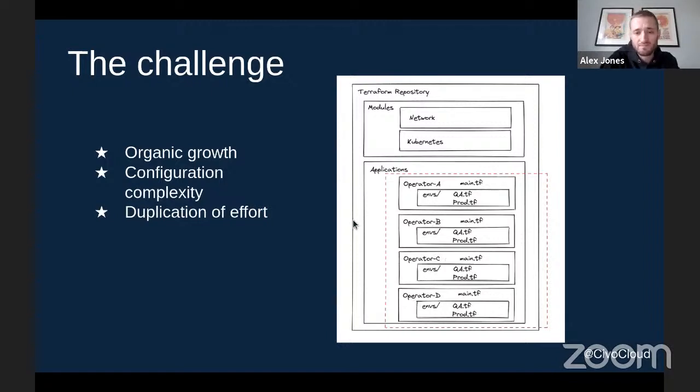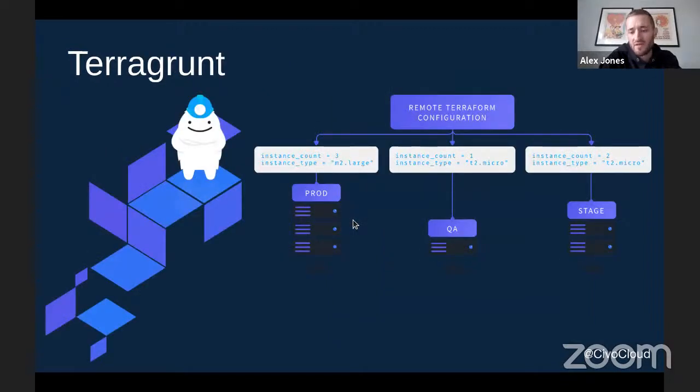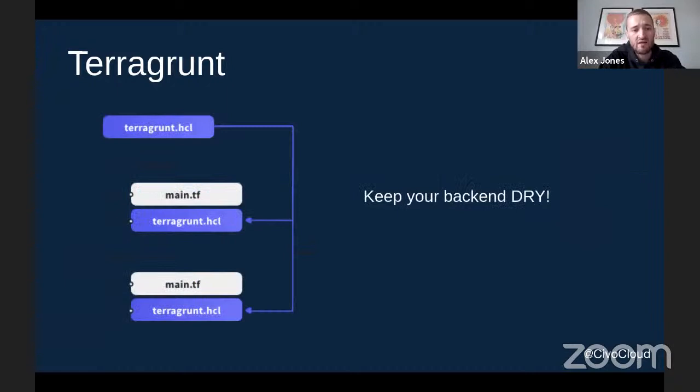So another really important and really useful aspect of Terragrunt is that, as I mentioned, and I'm sorry that the picture here is a little bit gray, but you keep the backend DRY. And that's a great term. I never thought I'd say that in a webinar. But when you think of your front end application and your back end application, both of these might be deployed under the same workspace, or they might be deployed using the same backend.